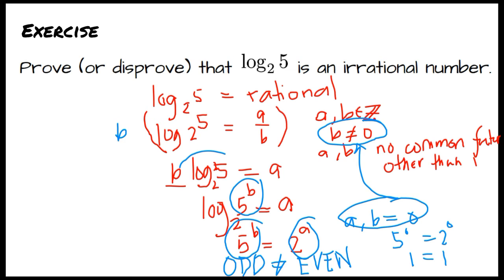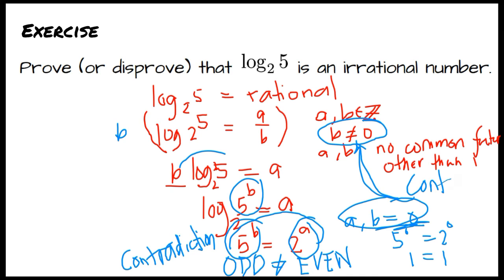So in this case, this will end up in a contradiction. Odd equals even is the first contradiction. Another contradiction will be the solution to this equation, which will give us 0, which is another contradiction, since b cannot be 0.